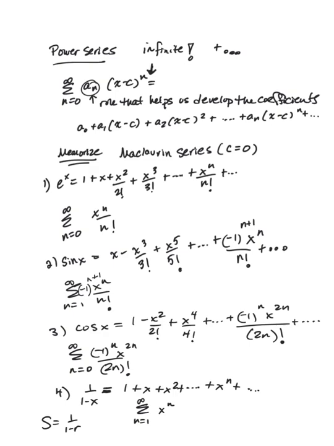Please make that correction. When I wrote out sine of x, I meant to index it at 0. So I'm going to fix this right now. I apologize. So that should have been negative 1 to the n times x to the 2n plus 1 over 2n plus 1 factorial.